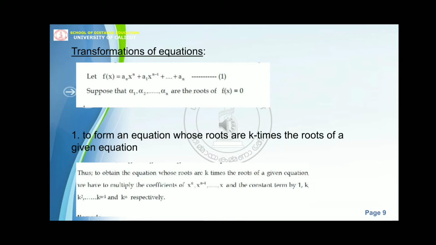Therefore, we'll see the first transformation that is possible. The first transformation is to form an equation whose roots are k times the roots of a given equation. In order to form an equation whose roots are k times the roots of f(x), that is k alpha 1, k alpha 2, and so on, we simply have to multiply the coefficients of x^n, x^(n-1), ..., x and the constant term by 1, k, k^2, ..., k^(n-1), k^n respectively.